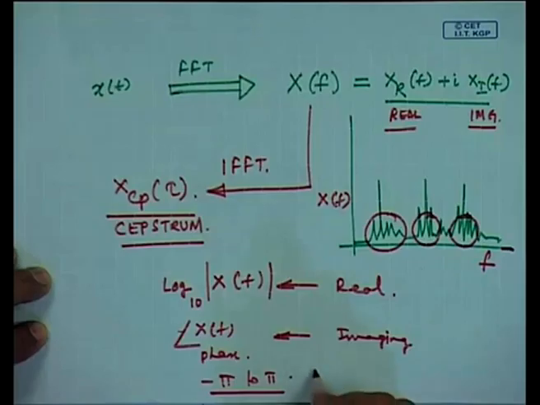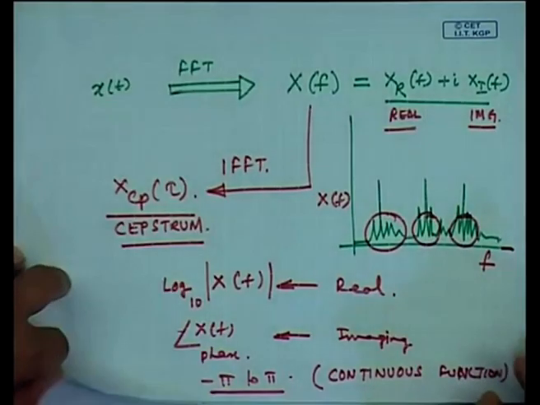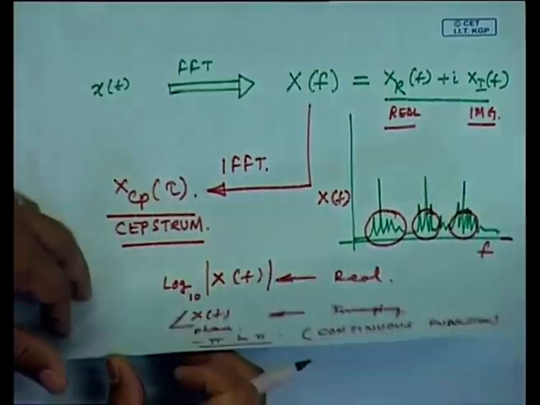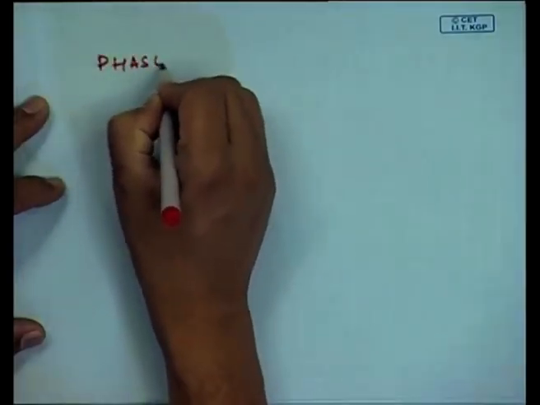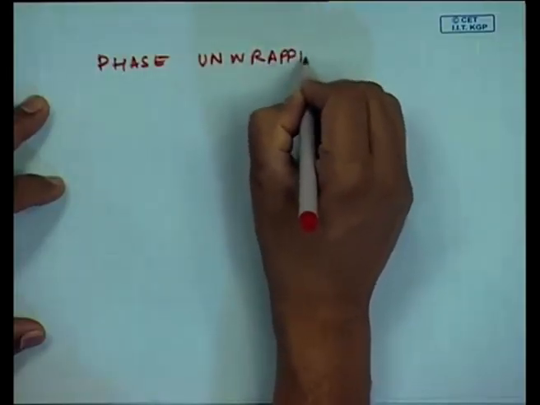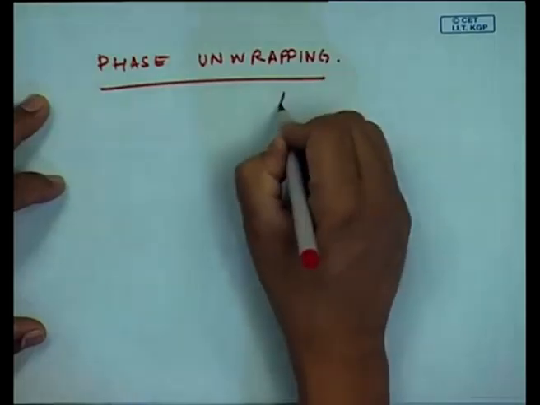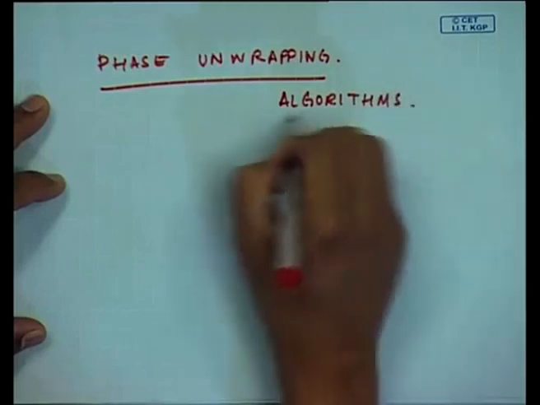To smoothen it, it has to be made a continuous function, and this is done by a technique known as phase unwrapping, and there are many algorithms available for doing this phase unwrapping.